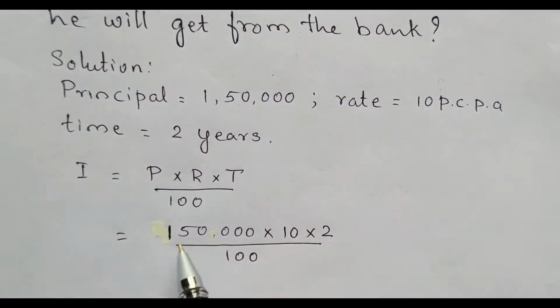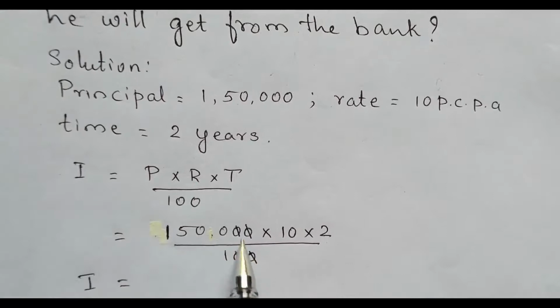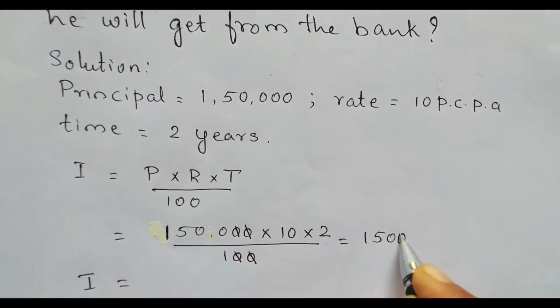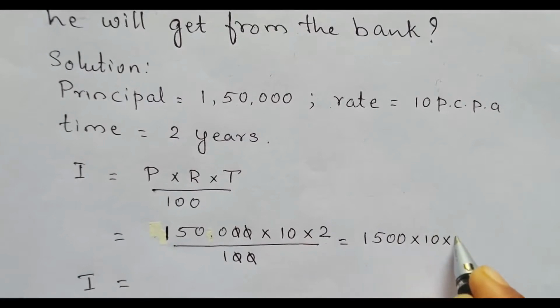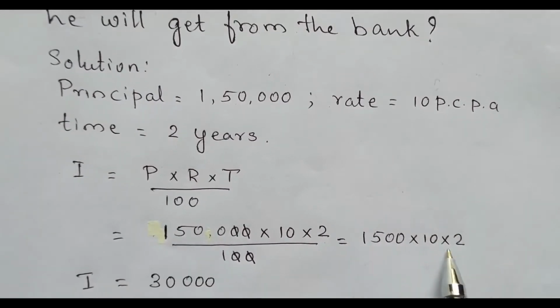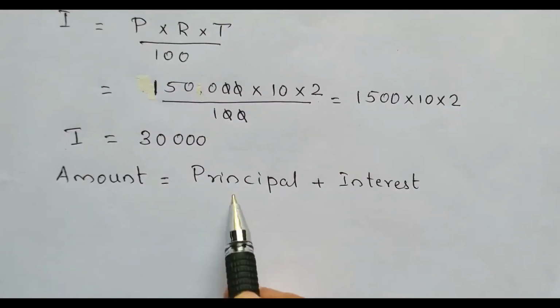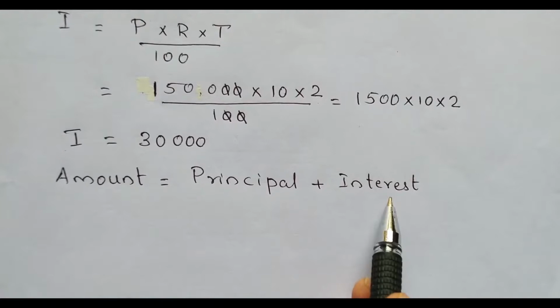Substituting the values, we have 1,50,000 multiplied by 10 multiplied by 2 upon 100. First let us cancel the zeros. So we get 1,500 multiplied by 10 multiplied by 2. On multiplication we get I is equal to 30,000. We know amount is equal to principal plus interest.